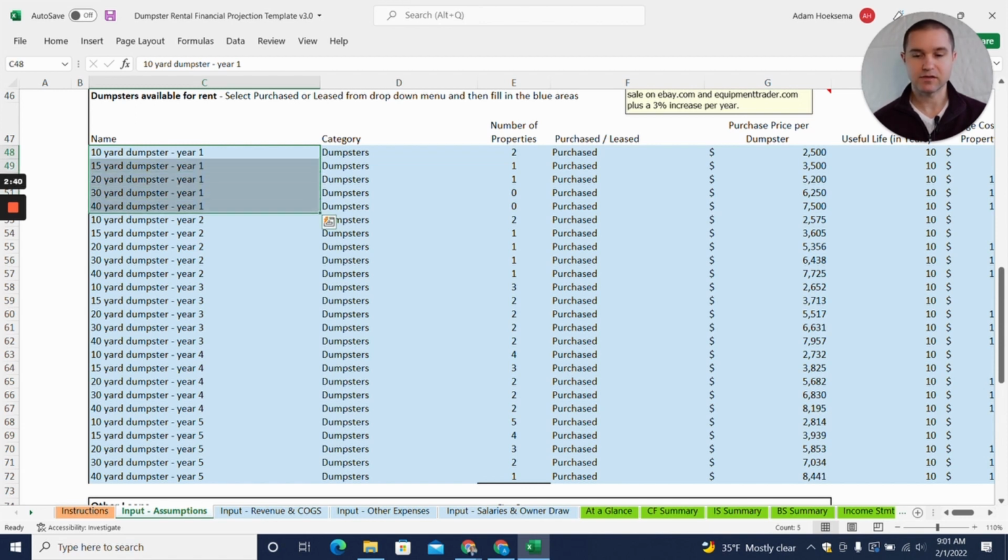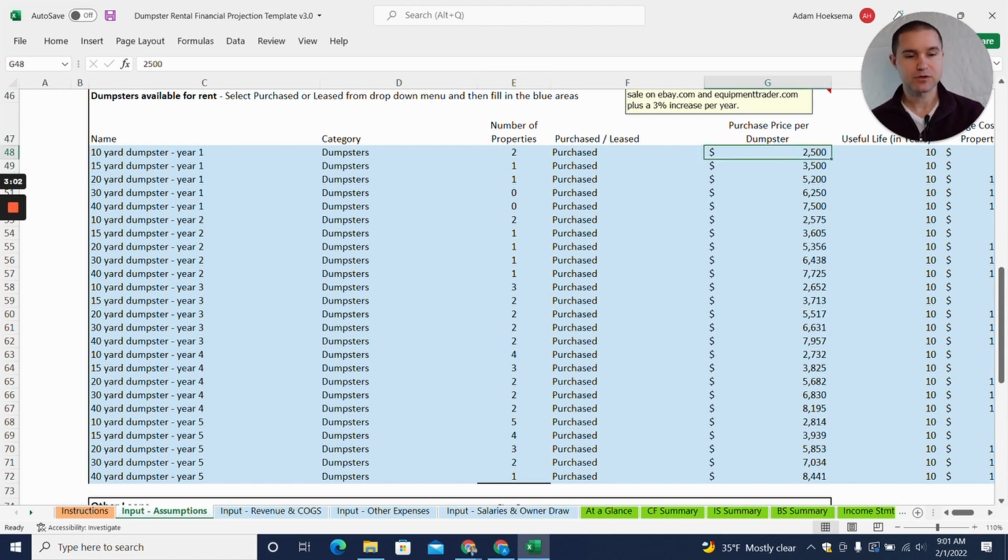So these would be all the dumpsters that we purchase in year one and make available for rent. So we're saying over here that we're going to purchase 2 of these 10 yard dumpsters, and 1 15-yard and 1 20-yard. So maybe that's what we start with. We start the business with just 4 dumpsters, and we can see the purchase price here of those.